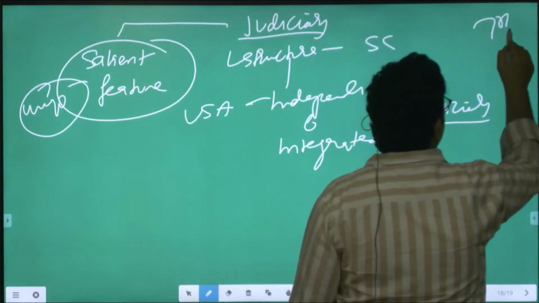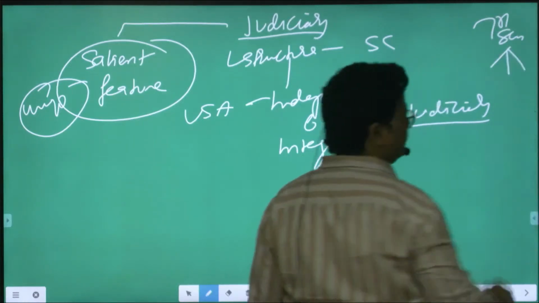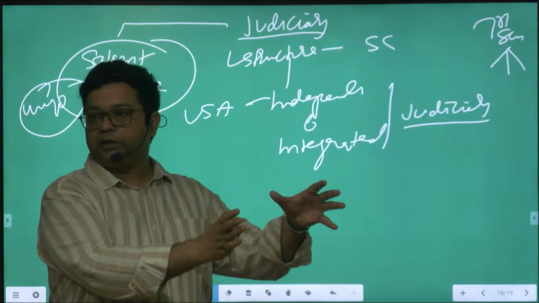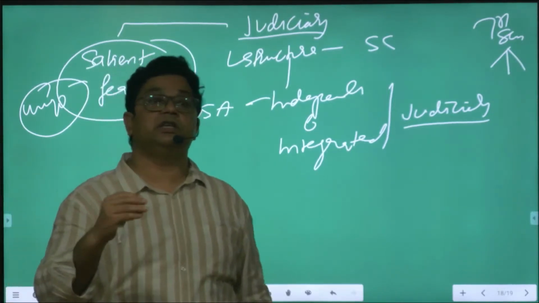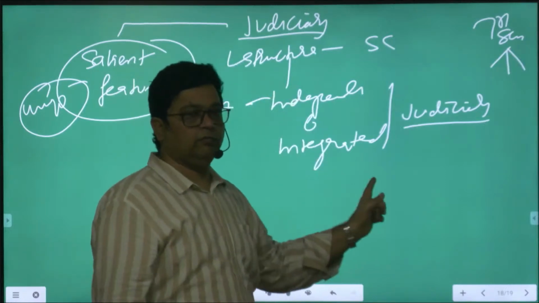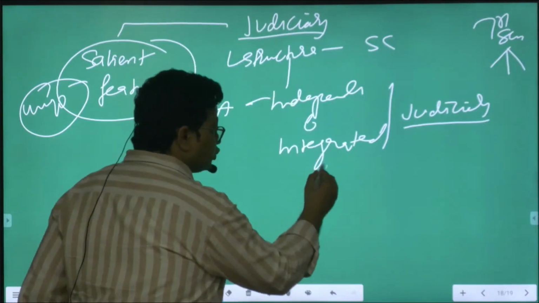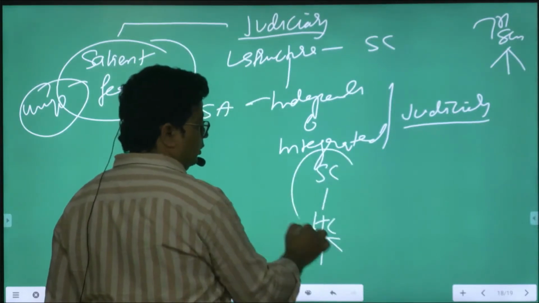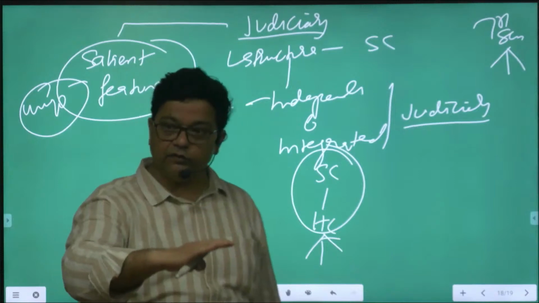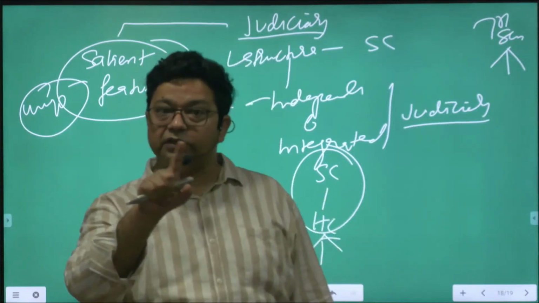Through the 7th Schedule, lists have been divided. You can do only this, you can do only this. There is no such division of power in the judiciary. It means the Supreme Court, High Court and subordinate court. So we have a hierarchy of judiciary, not a division of power of judiciary.